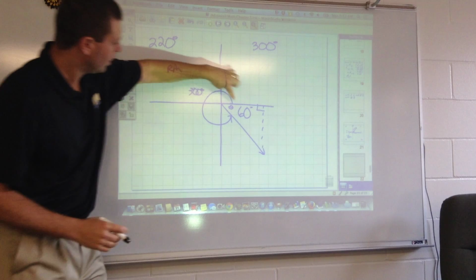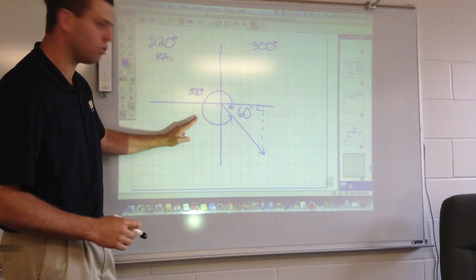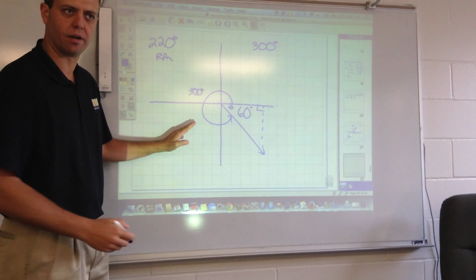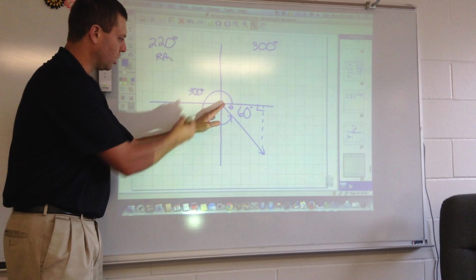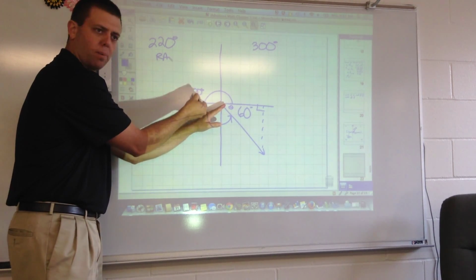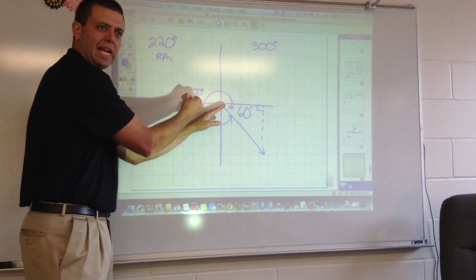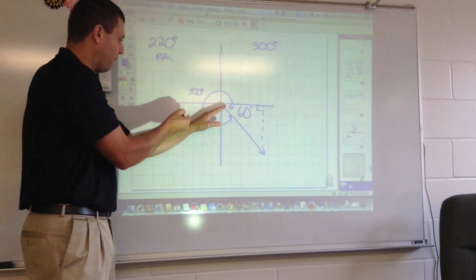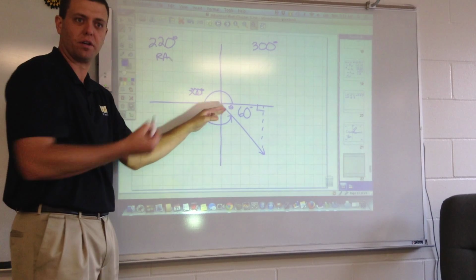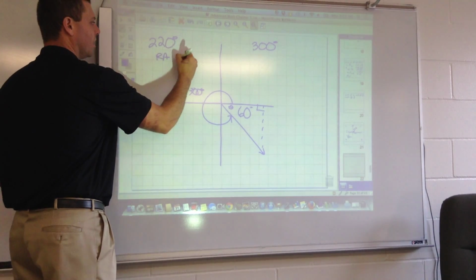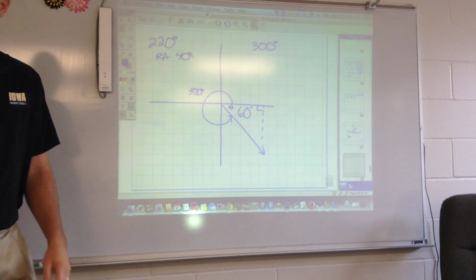Third quadrant, right? So 90, 180, and then 220 would get me down here somewhere. Well, we're going to look at what's the measure of this part right here, always back to the x-axis, okay? So if we are at 180 and then we went up to 220, well, how far away did we go from the 180? 40 degrees, so you got a 40-degree reference angle right there.